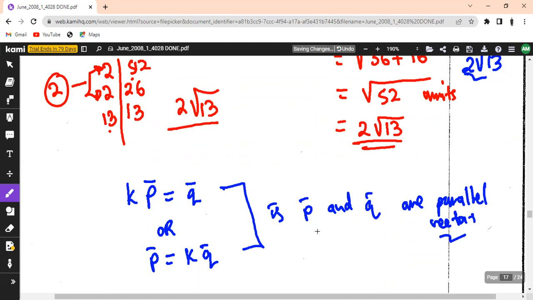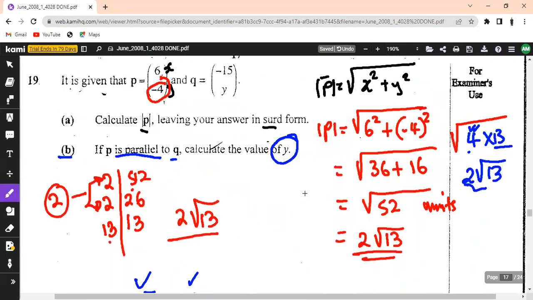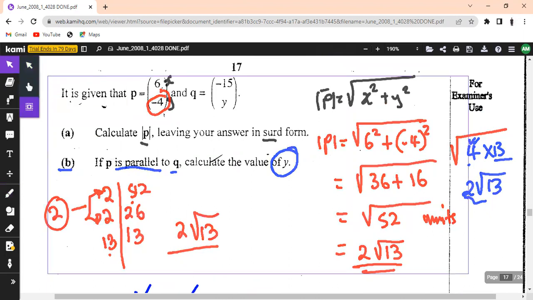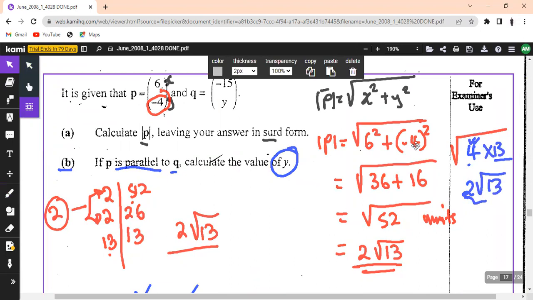All right, so what does it mean? I'm just going to pick, I don't know which one you're going to choose. In this case, I'm going to choose the first one: k times vector P must give us vector Q. I'm just going to remove this part again, guys, so that at least it can help us.